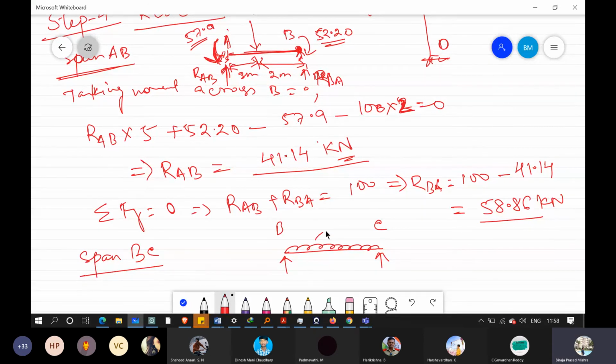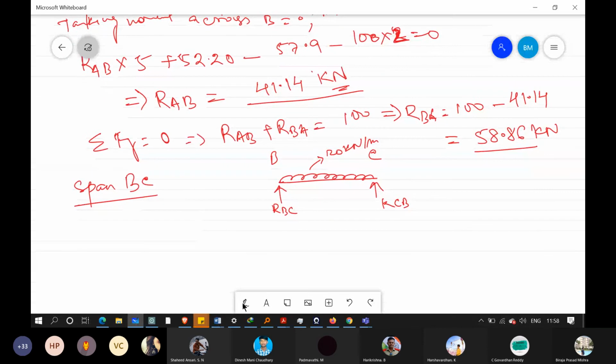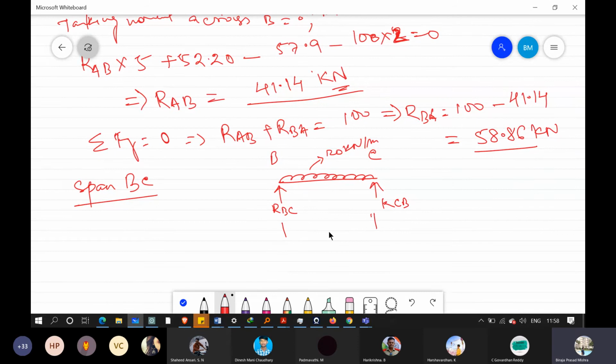Yes, it is correct, and the UDL is 20 kilonewton per meter, and this is RBC, this is RCB. And this one is 3 meters. Okay, so taking moment across C equals to 0.